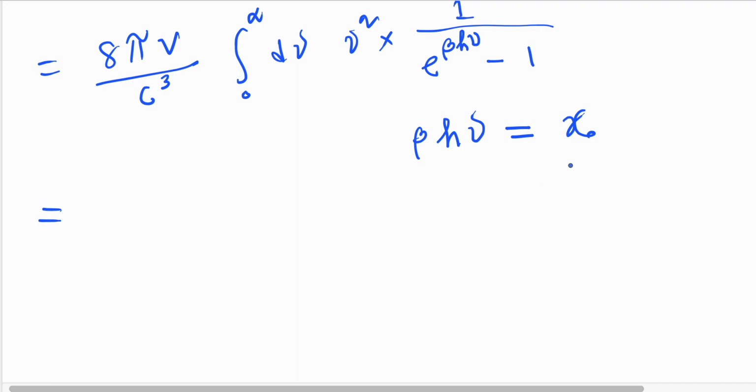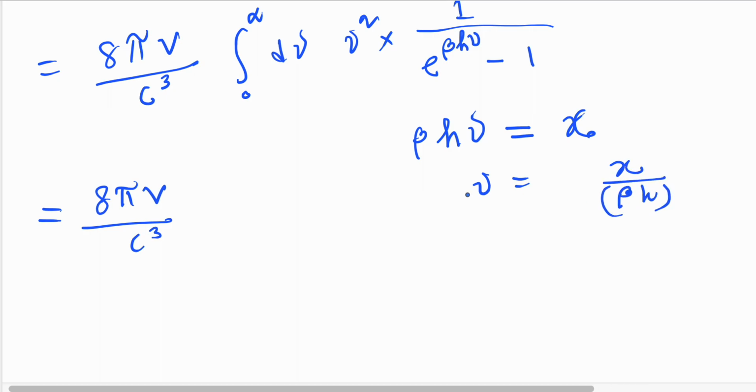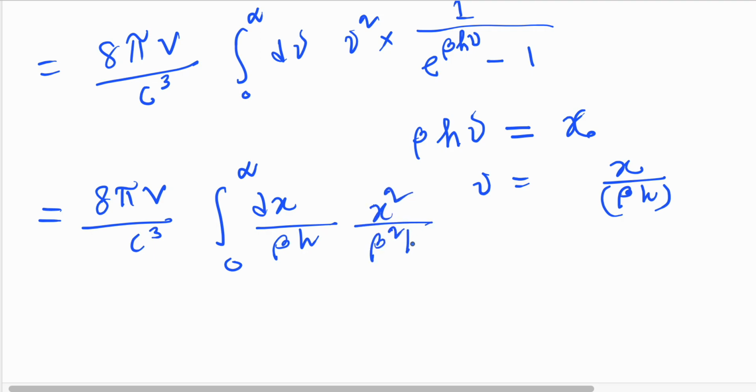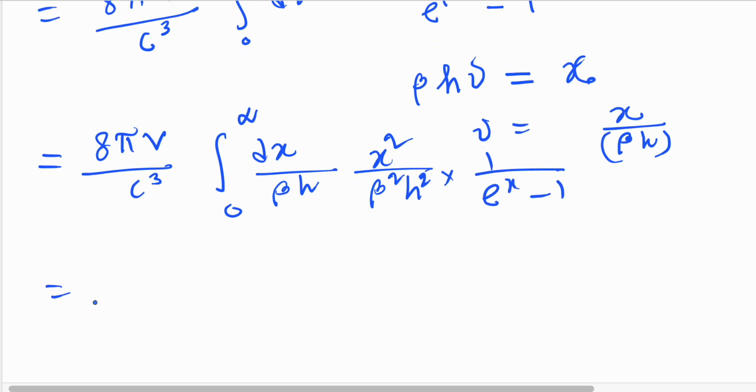Then if we replace nu by x, we get 8 pi V by c cube, nu equals x by beta h, so integral from 0 to infinity dx by beta h, x square by beta square h square, into 1 by e to the power x minus 1.